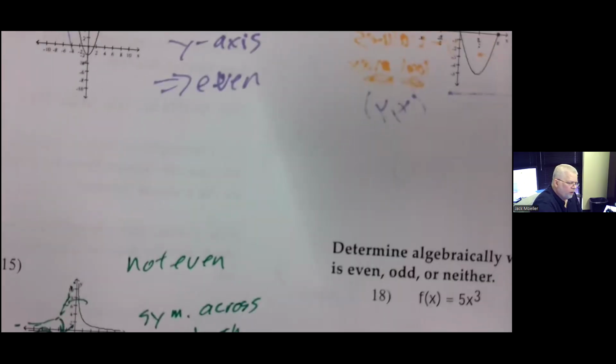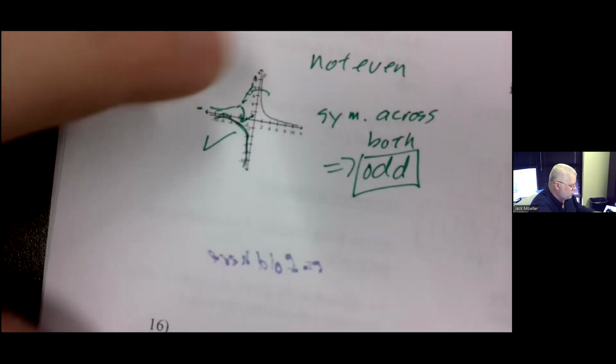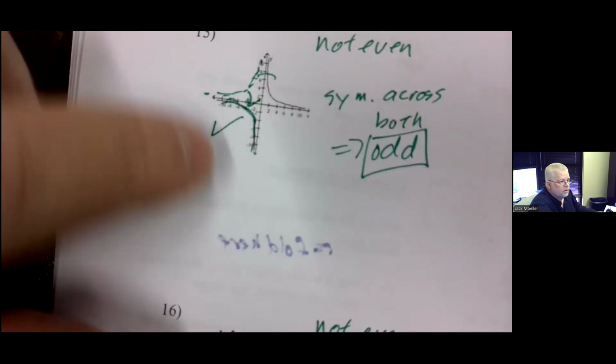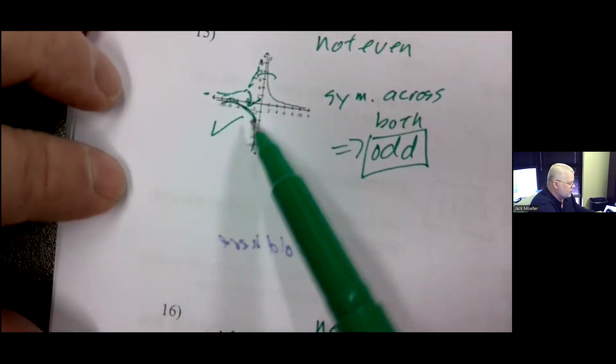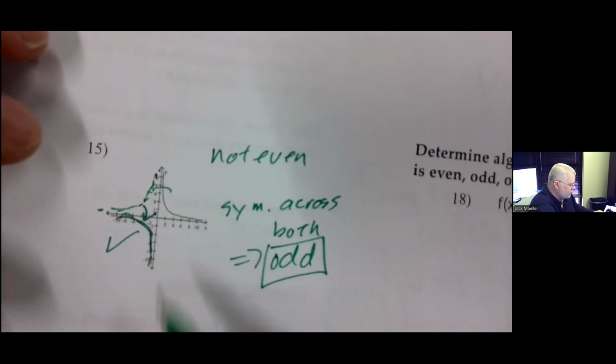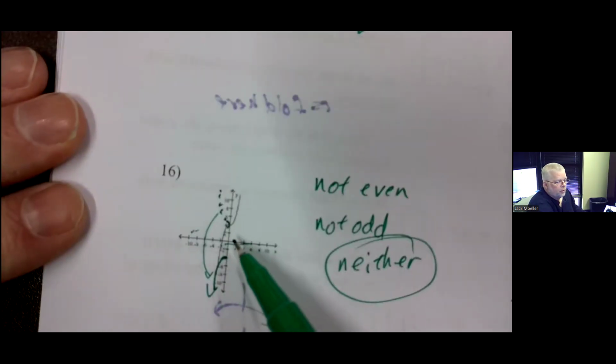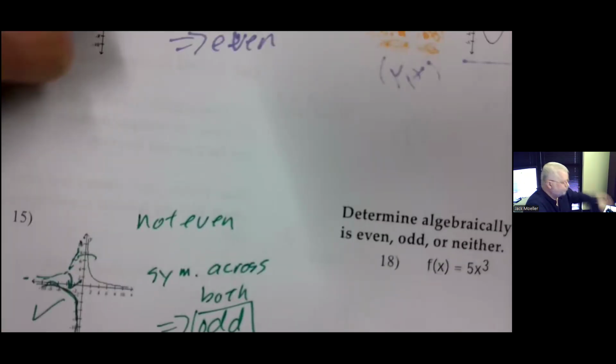Pretty much all odd functions have to go through the origin. Well, this one doesn't, but I guess it's evenly grouped around the origin. But there are gaps on this one. If there are no gaps in the function, like this one, it pretty much has to go through the origin if it's going to be odd.